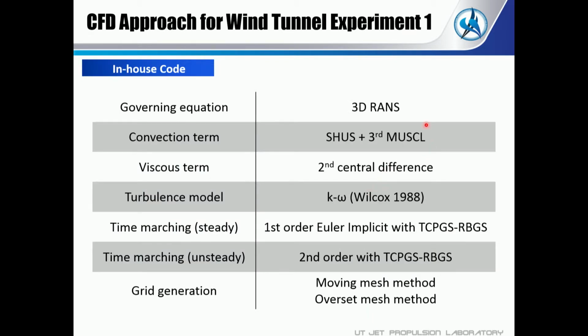And we also did some CFD calculation on the cascade wind tunnel flow, to check the flow uniformity or flow properties of the basic flow in the wind tunnel. We are using an in-house code. The governing equations are 3D RANS, and the turbulence model is the k-omega Wilcox model.